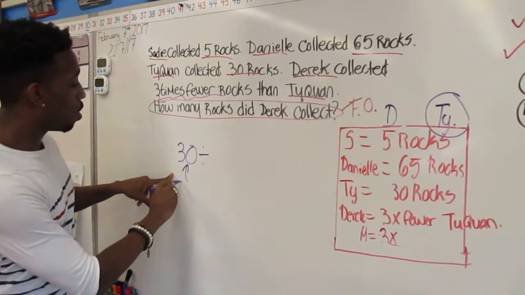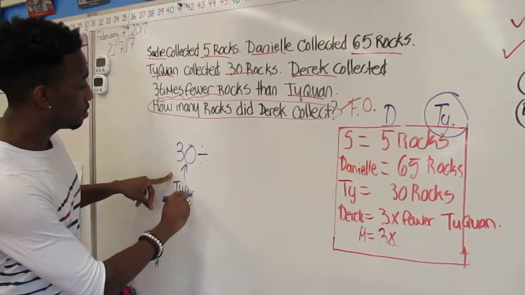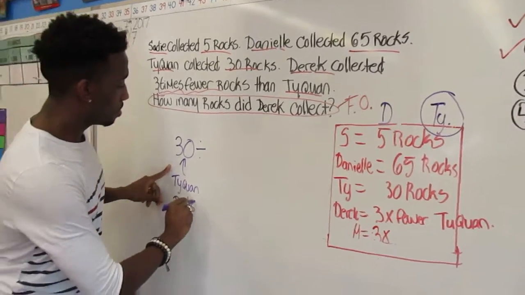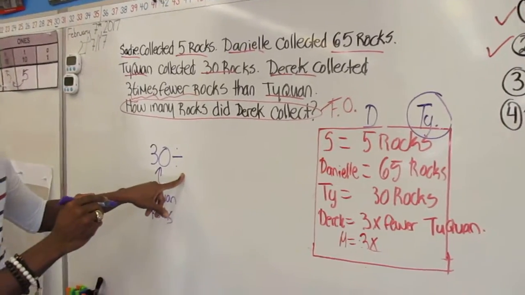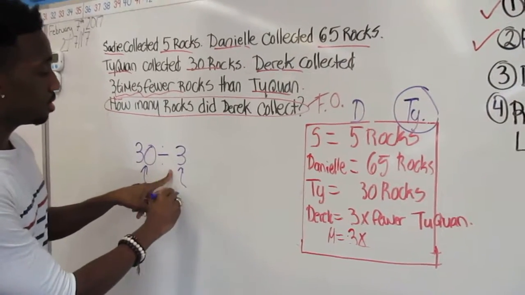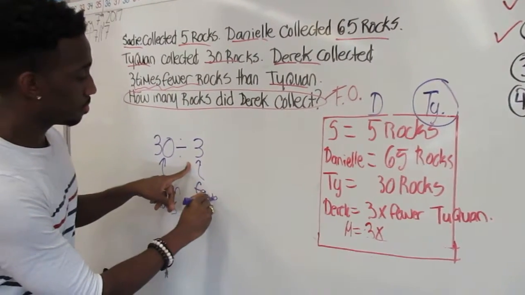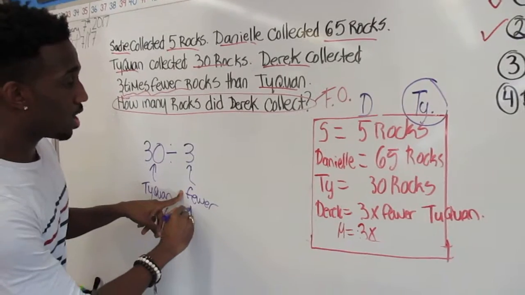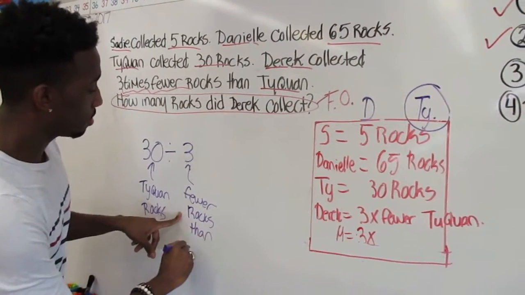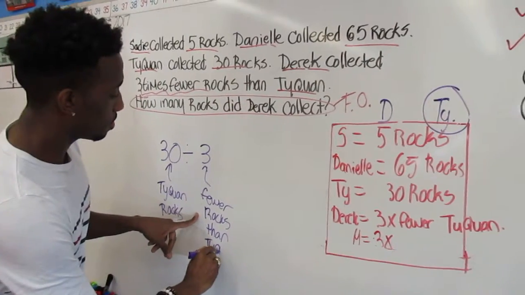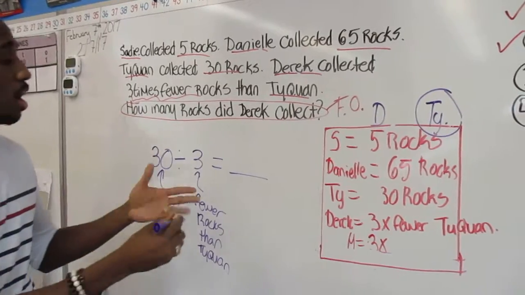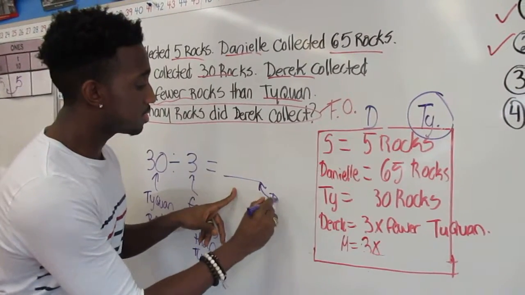It represents Taekwon's rocks. I'm going to divide it by my multiplier of 3. This is the fewer rocks than Taekwon. And this is going to help me figure out what Derek has.